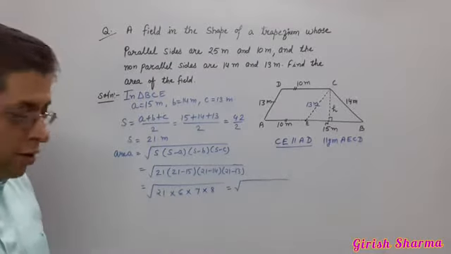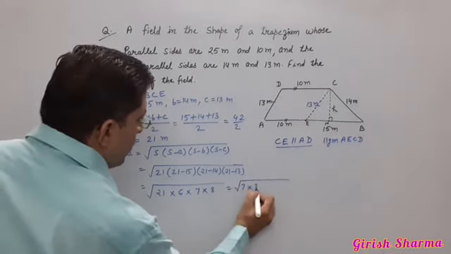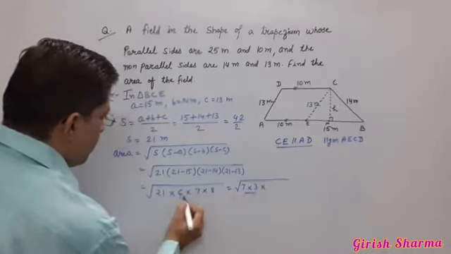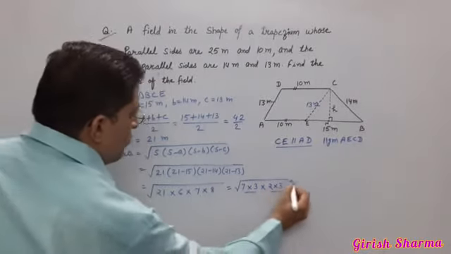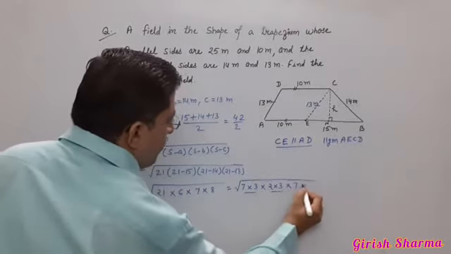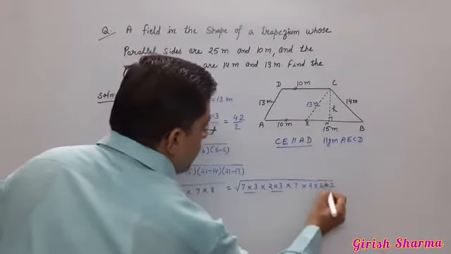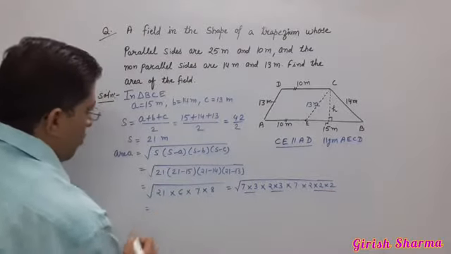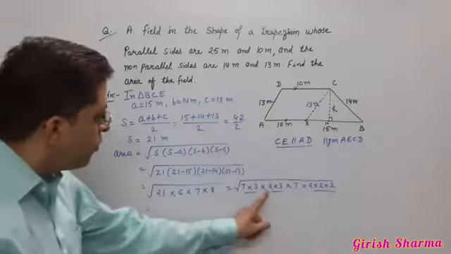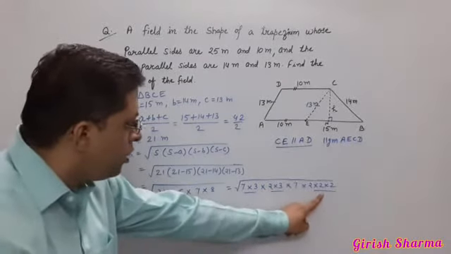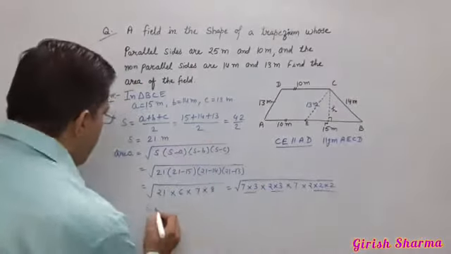Find the prime factors. 21 is 7 3s. 6 is 2 3s. 7 is already prime. 8 is 2 into 2 into 2. Now see how many times 2 is here. Count: 1, 2, 3, 4. If I take the square root, then 2 times 2 will come only.